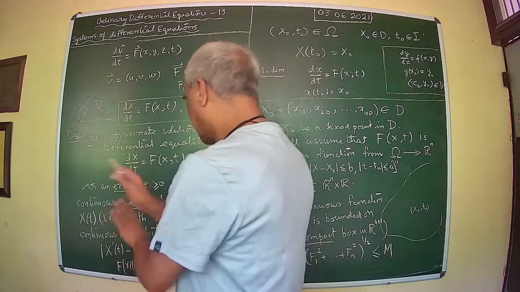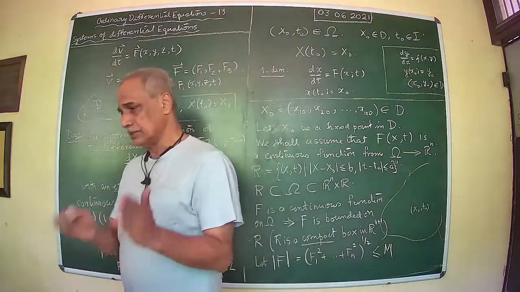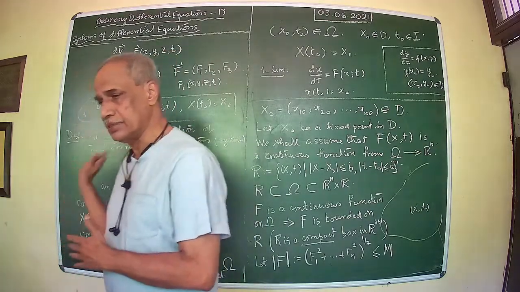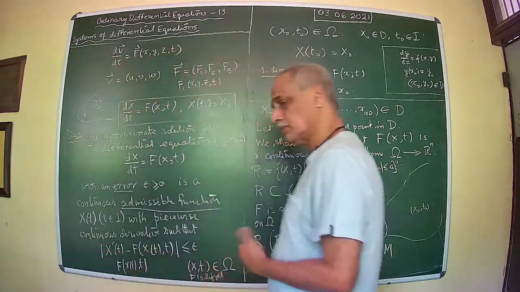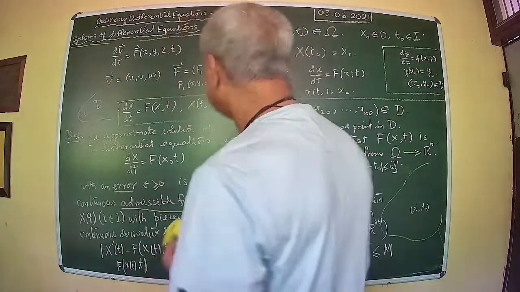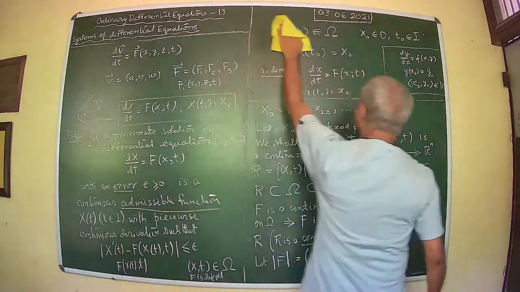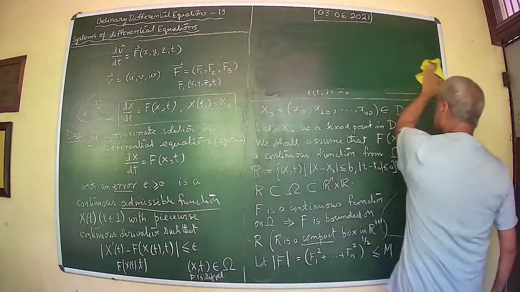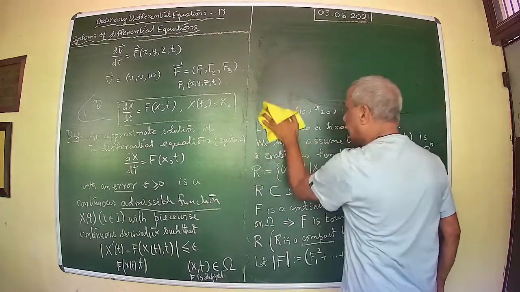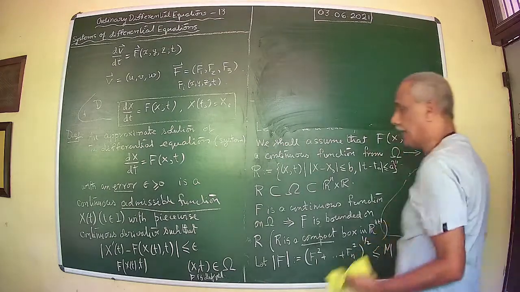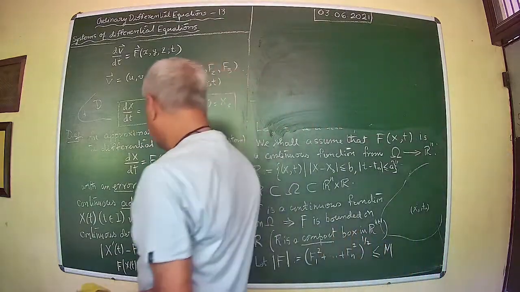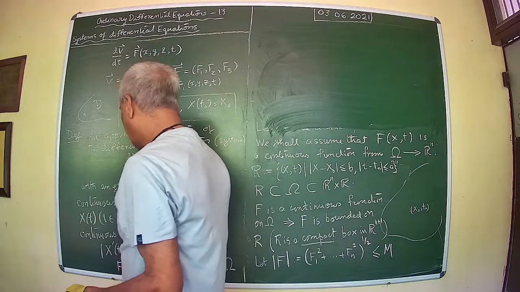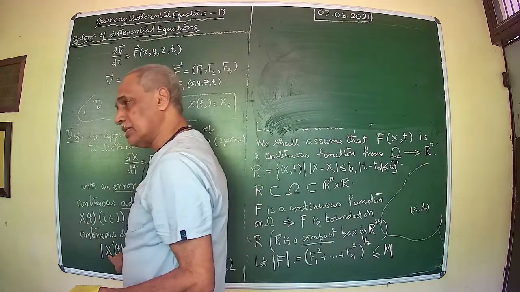So you have a partition of the interval such that on each of the subintervals the function is differentiable. Fine. Then you can evaluate f(x(t)), which is a vector in Rn, and x'(t) is also a vector in Rn.